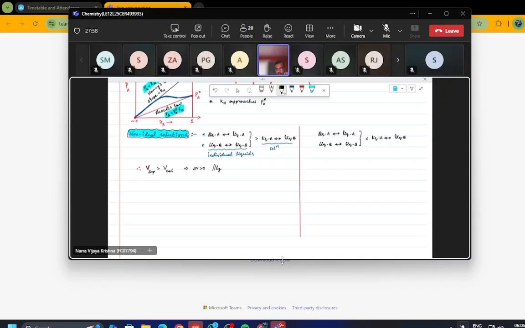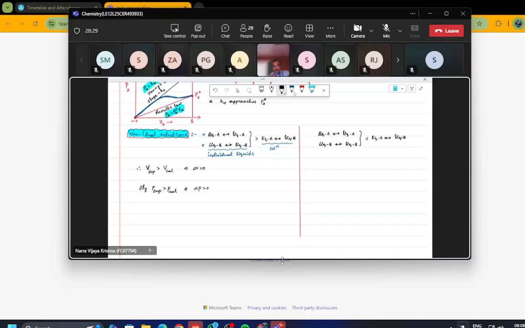That means what about delta P? Again, greater than 0. Alright, here I am writing: similarly, P experimental is greater than P calculated. That means delta P is greater than 0. Will you accept this statement or not? Right? Response, sir?